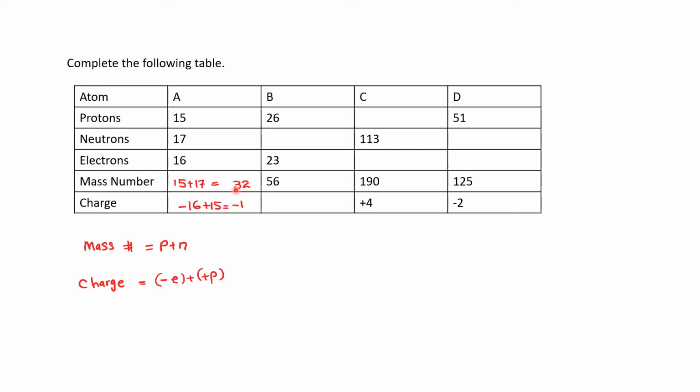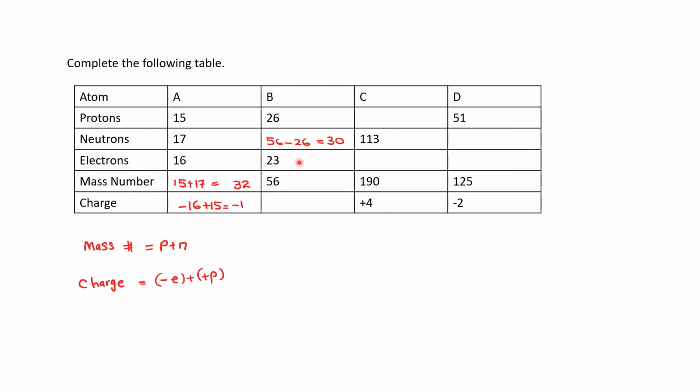The charge is, you have 15 protons and 16 electrons. The difference of these two is -1. For the atom B, you have 26 protons and 23 electrons and its mass number is 56.